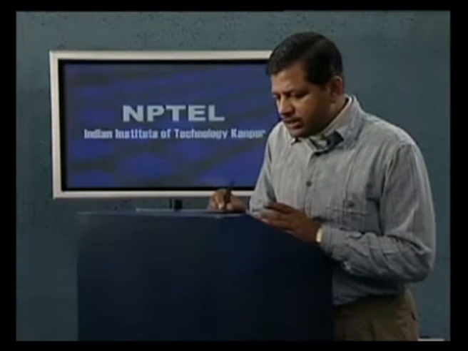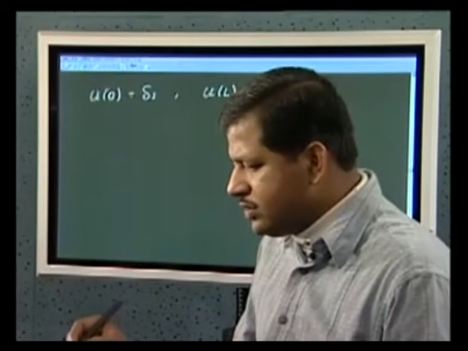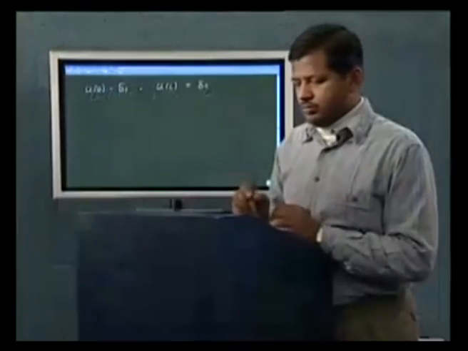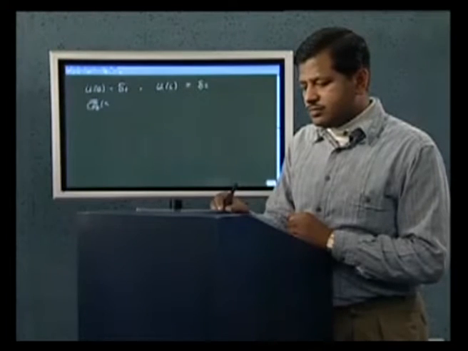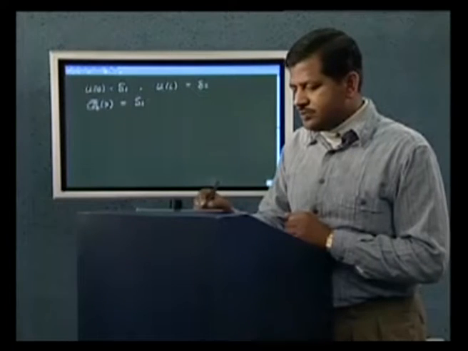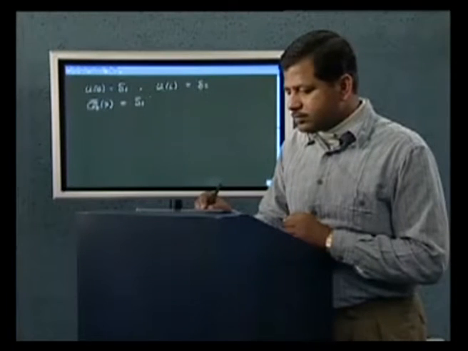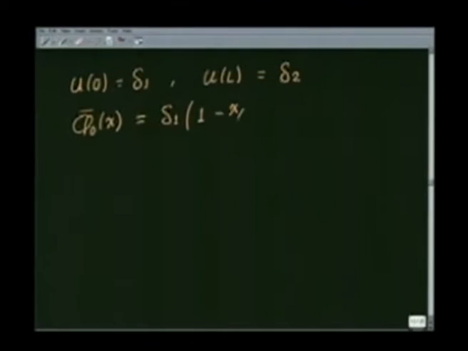So let us say that my u at 0 is equal to delta 1 and u at L is equal to delta 2. Then how do we construct this function phi 0 bar of x? It is very easy. You take it to be delta 1 into 1 minus x by L plus delta 2 into x by L.